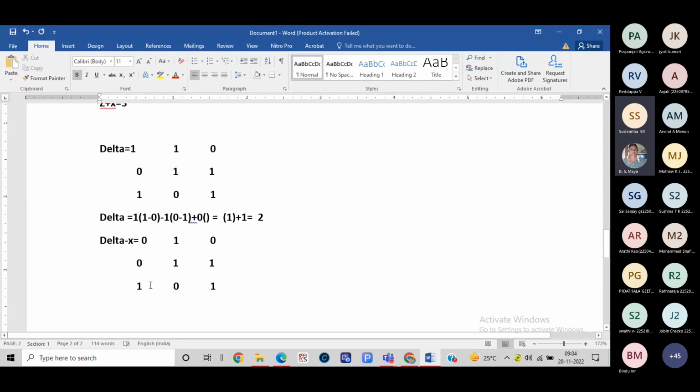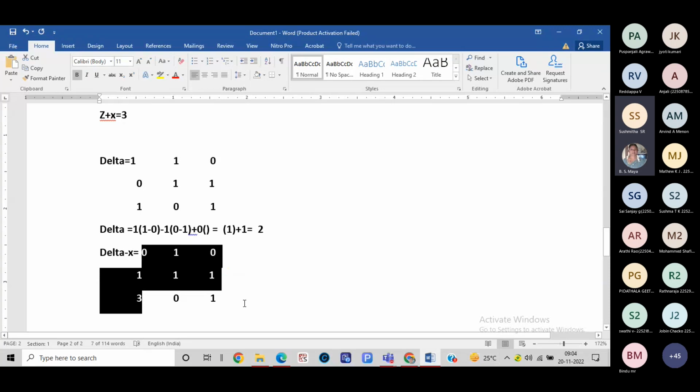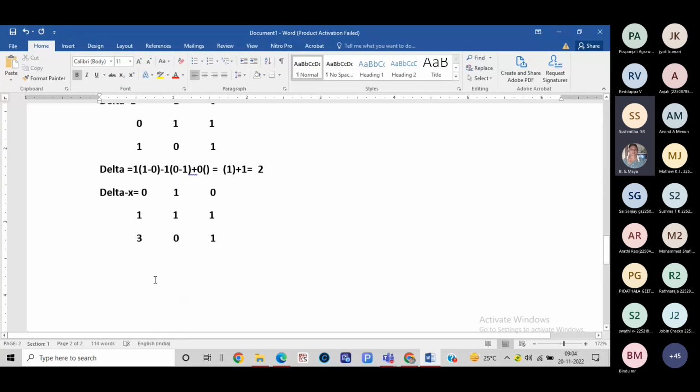Second column is 1, 1. Third column is 3. Only this one I am replacing. Okay. Then find out the delta x. It is 0. Anytime it is 0, you don't need to write anything.